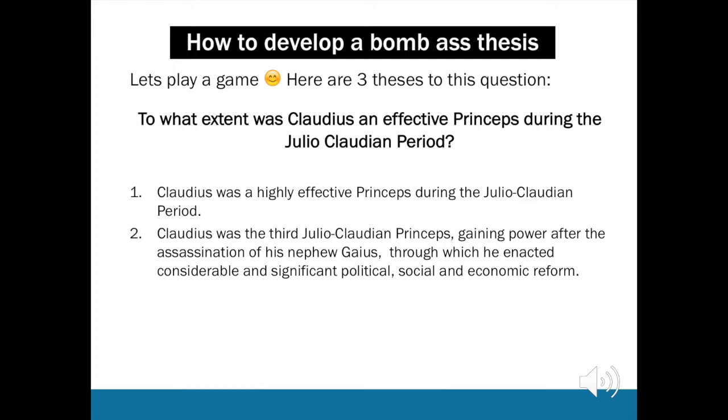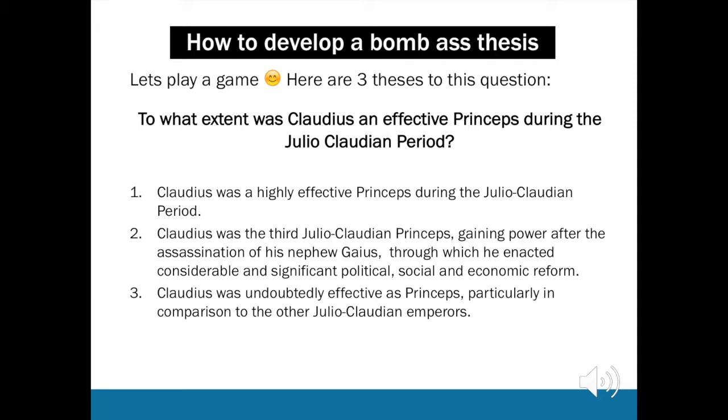Number 2. Claudius was the 3rd Julio-Claudian princeps gaining power after the assassination of his nephew Gaius, through which he enacted considerable and significant political, social, and economic reform. And number 3. Claudius was undoubtedly effective as princeps, particularly in his comparison to the other Julio-Claudian emperors. Which one do you think is the best? Pause the video and have a go.